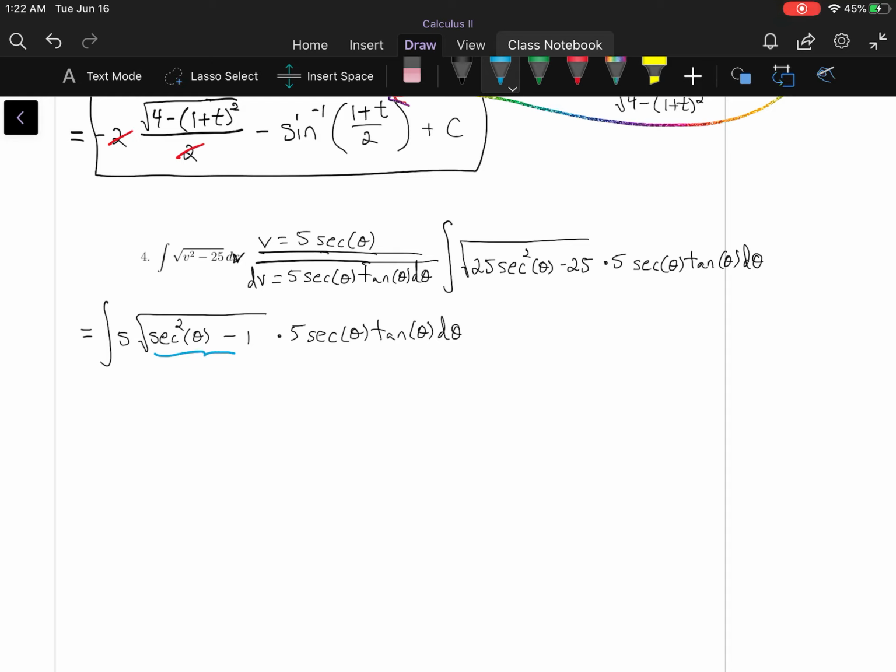And then you may recall that secant squared theta minus 1 is equivalent to tan squared theta. Which is going to give us a 5 times 5. I'm going to pull 25 out. Square root of tan squared is tangent. So inside the integral, we have a secant theta times tan squared of theta d theta.